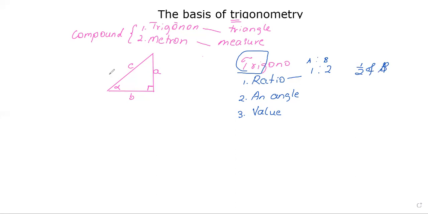Now, let's look at the sine of alpha. By definition, it is the opposite side over the hypotenuse.